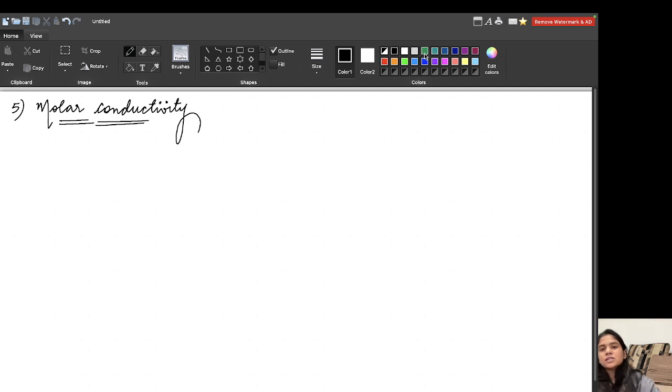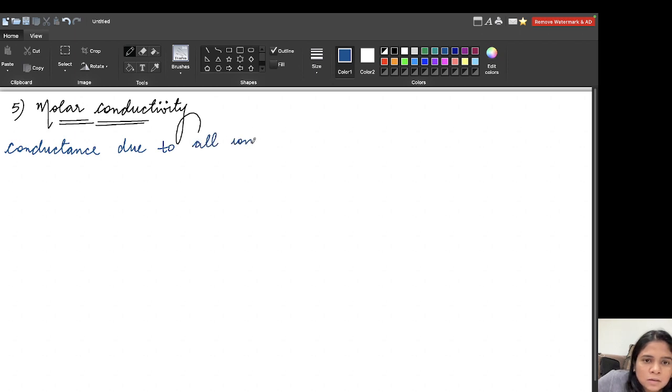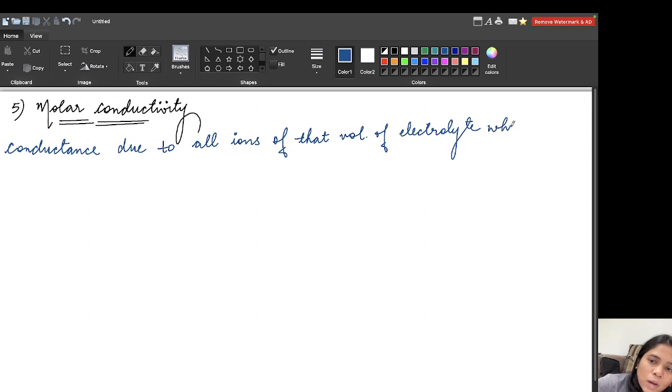Now, by definition, what does this mean? By definition, it means conductance due to all ions of that volume of electrolyte which contains 1 mole of electrolyte.